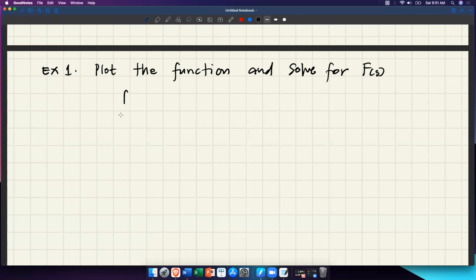Let's say the function is given. Function of t is equal to 5 from 0 up to 5, 0 from 5 up to 10.